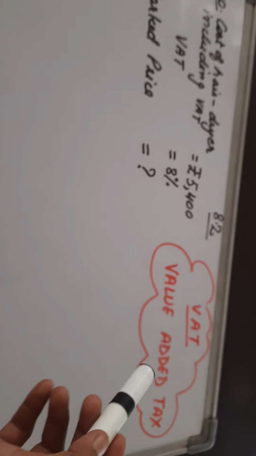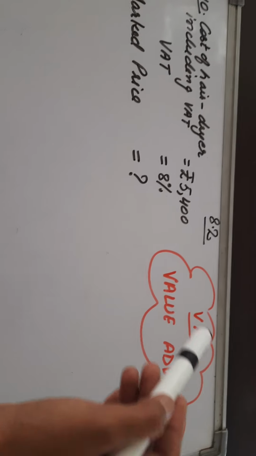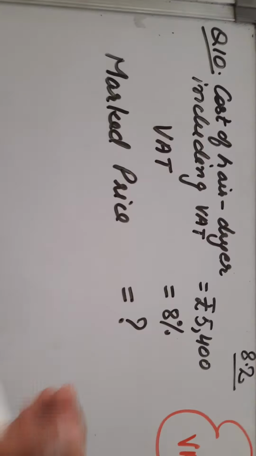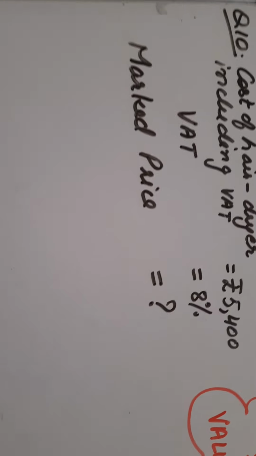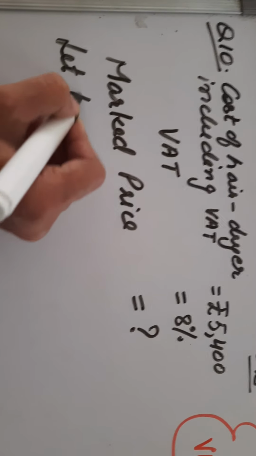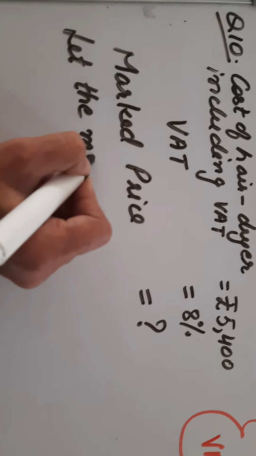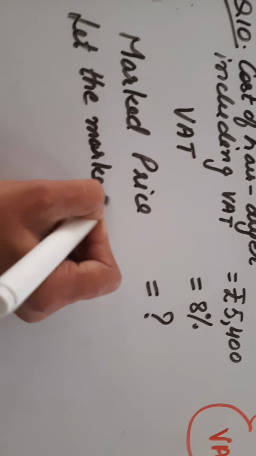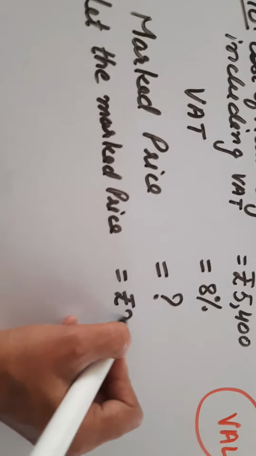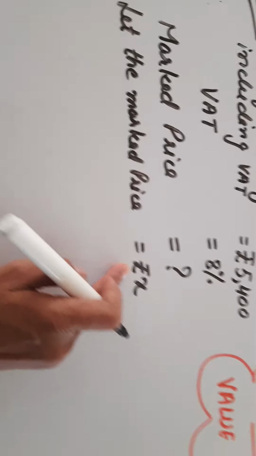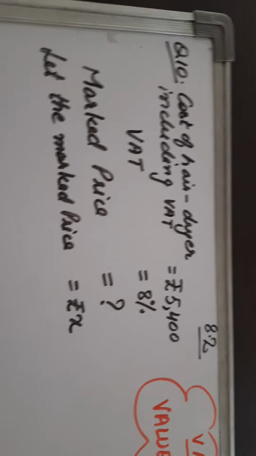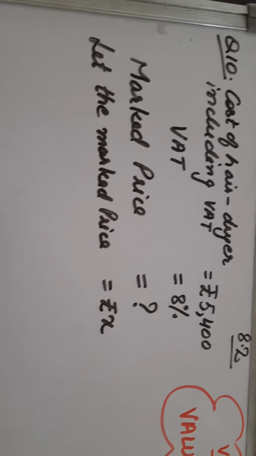Dear students, must note down the full form of VAT in your notebook also. So whatever they will ask you, we will write, we will assume that as x. So let the marked price is equal to rupees x, because price unit is always rupees, so we'll write rupees. Now what is the formula for that?